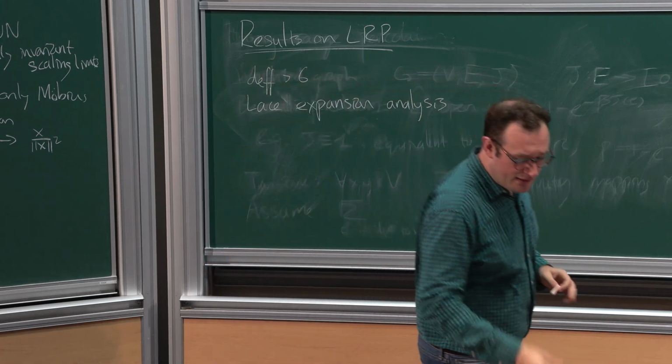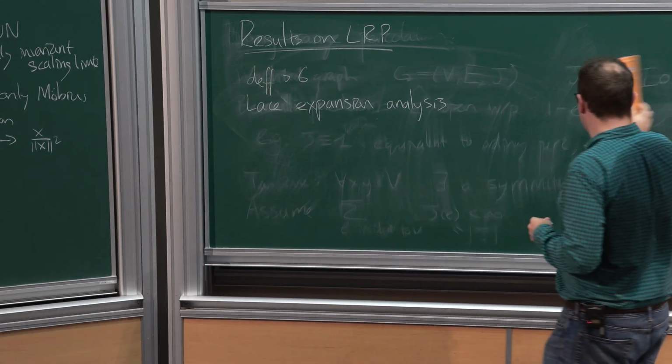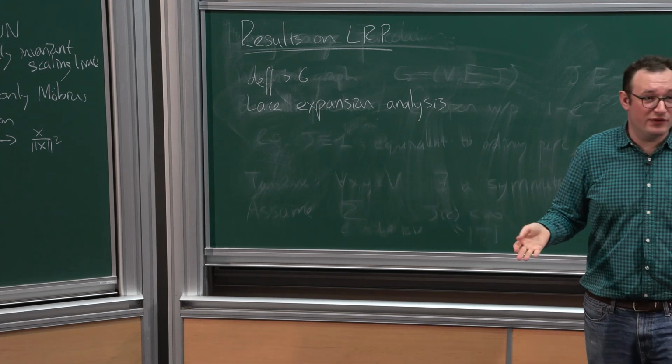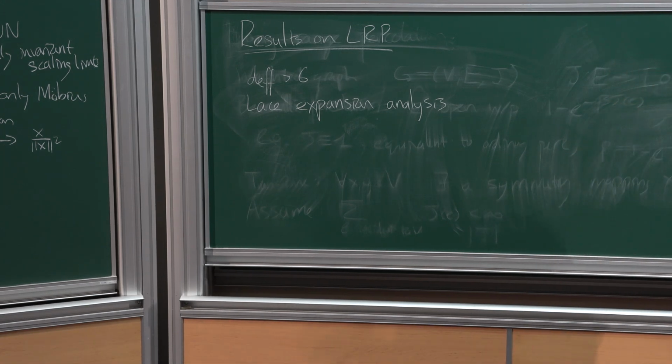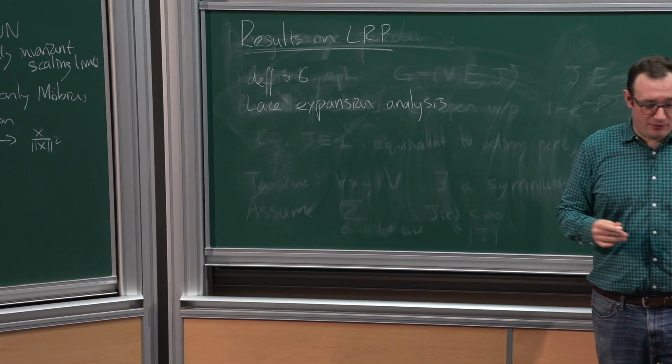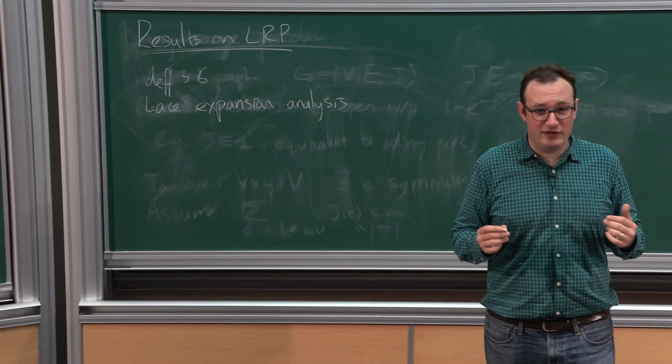Again, I didn't go into any details about the lace expansion, but it's a way of proving mean field critical behavior for high dimensional models. It was introduced by Bridges and Spencer, and then heavily developed and applied to many more models in the work of Hara and Slade.